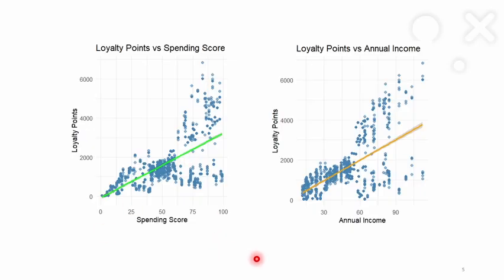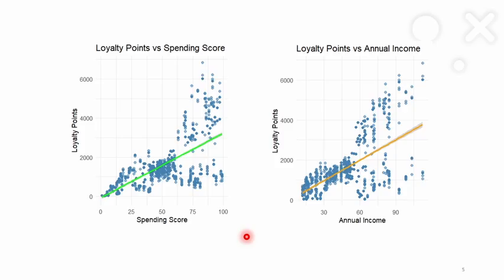The analysis established that the combination of spending score and annual income have the greatest explanatory power, or predict the value of loyalty points most accurately. The features distribution is rather cone-shaped than highlights a distinct linear relationship.